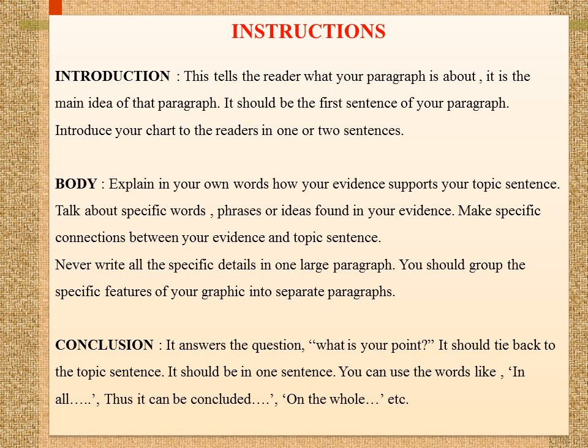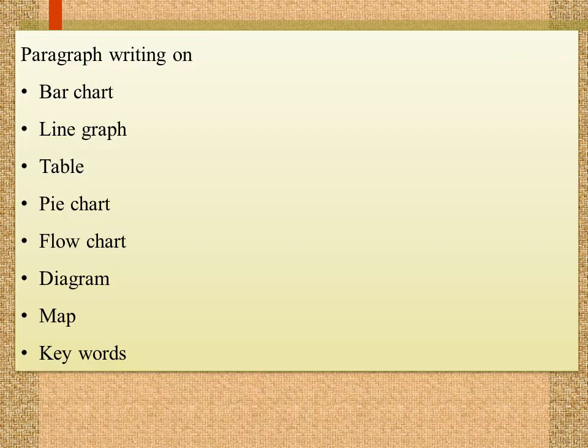Conclusion as such doesn't have much relevance, but we can summarize the whole thing in one or two lines. So an analytical paragraph is a whole content of what the data represents. Paragraph writing can be on a bar chart, a line graph, a table provided to us, or a pie chart, and we can explain that.